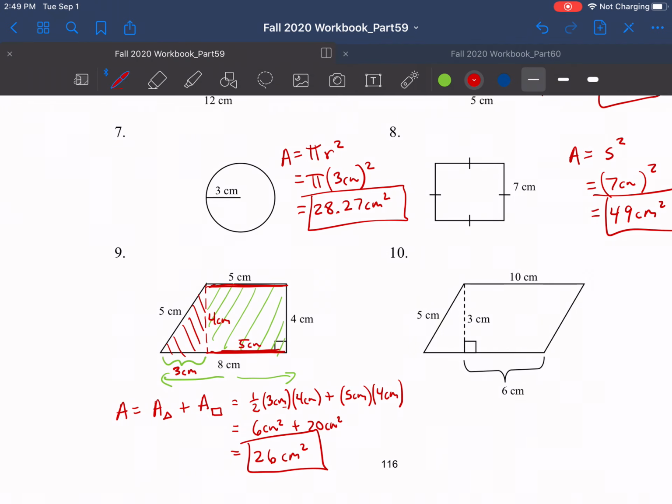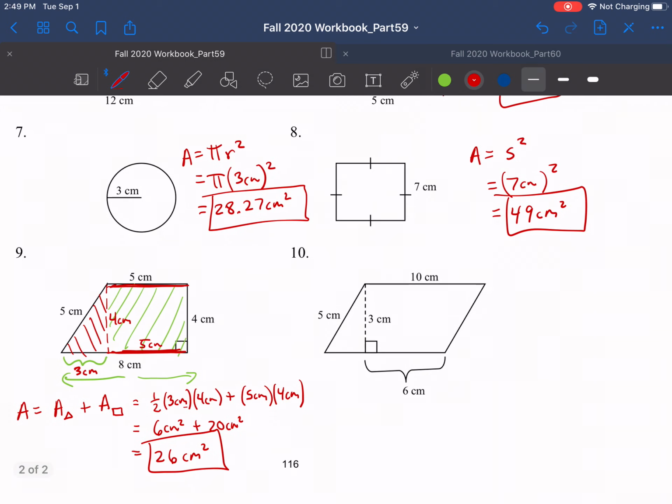All right, this last one, here we have another parallelogram, so we don't really need to actually worry about that part right there unless you really wanted to break this up into 2 triangles and a rectangle, which I guess you could do. You'd have a 6 by 3 rectangle, and then you'd have to figure out what this would have to be, 4 centimeters because of the 10 and the 6.